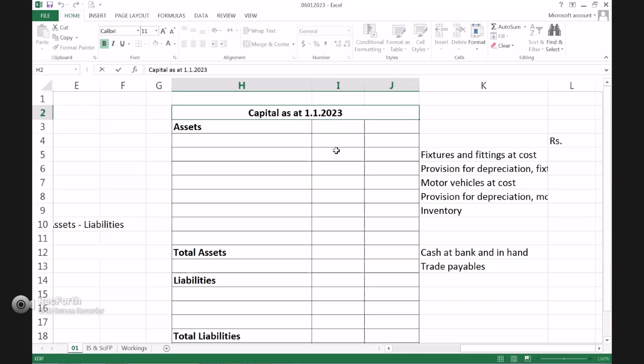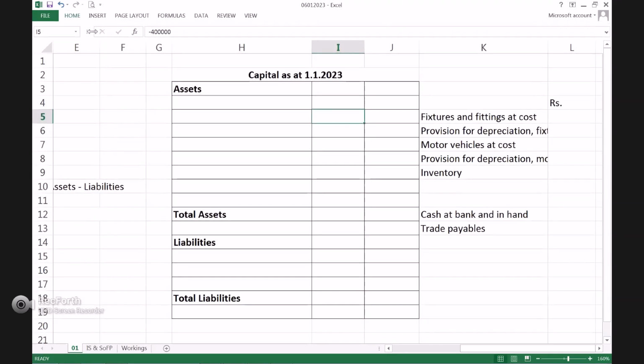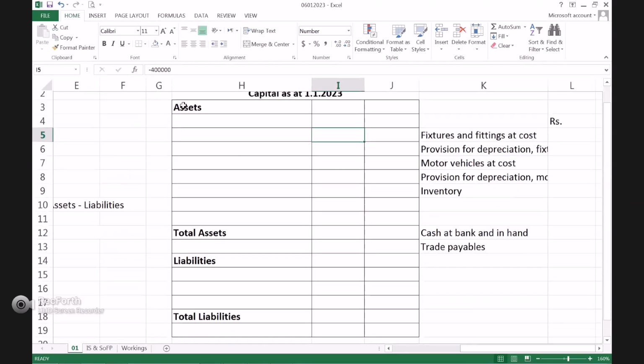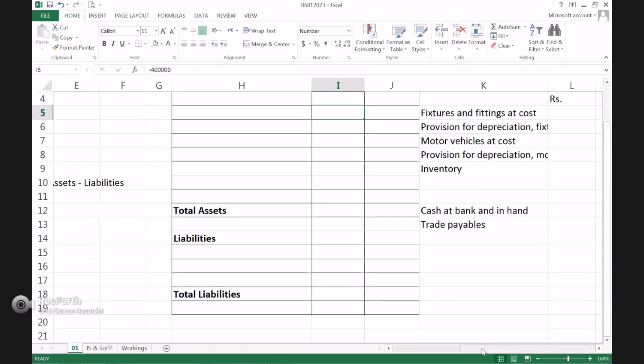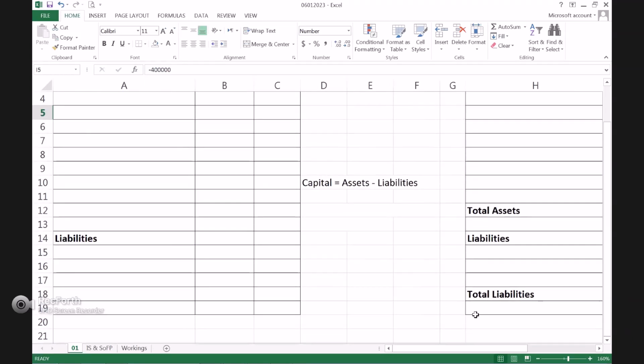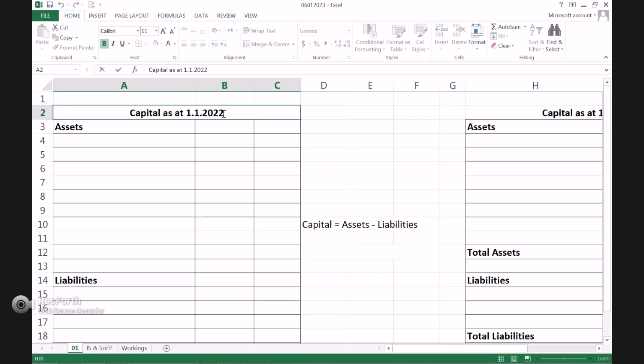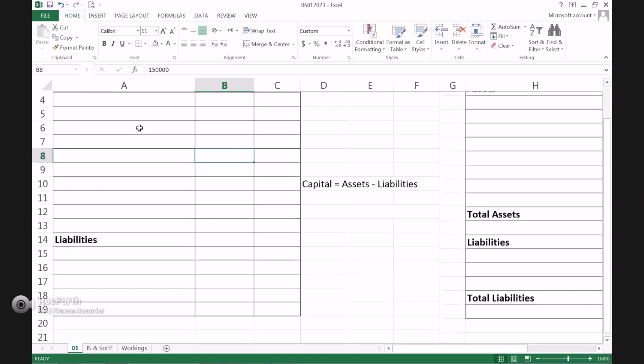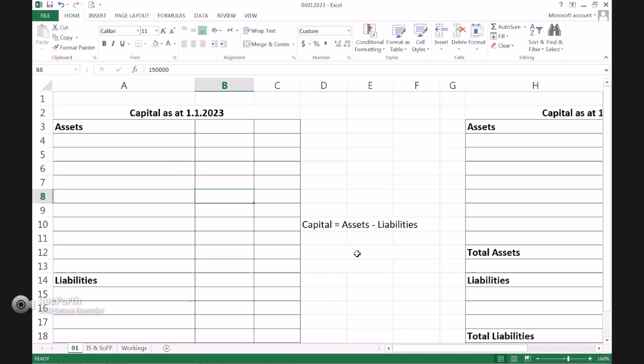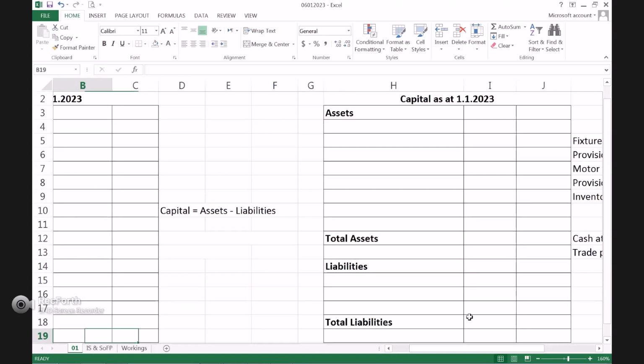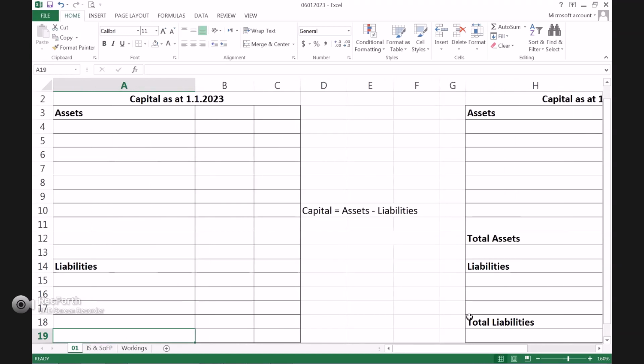1/1/2023. Okay, so here you can see this is the statement. First you have to find out the assets and the liability. Okay, so this is the format you can find. This is the equation.